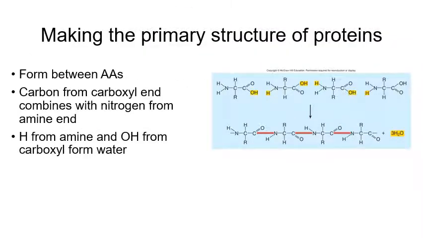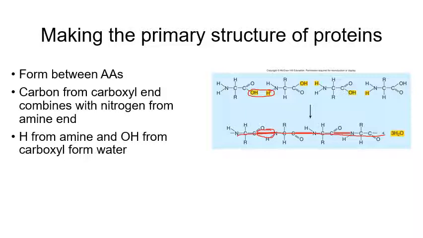Just as I said, we're doing a dehydration or condensation reaction. We're making those bonds between there. We get these long chains made up of those amino and carboxyl groups, and we get what we call peptide bonds.